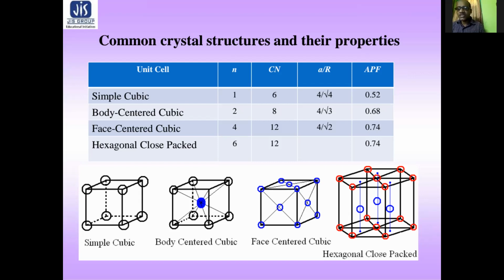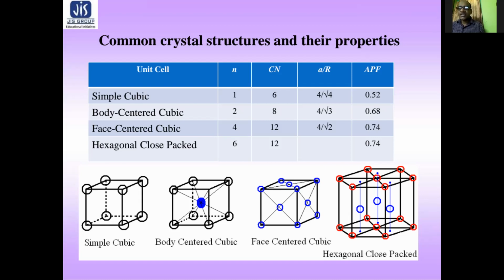So effectively the number of atoms per unit cell will be 8 into 1 by 8 plus 1, that is equal to 2, and the coordination number is 8. And the relationship between the lattice parameter a and atomic radius r is given by 4 by root over 3.